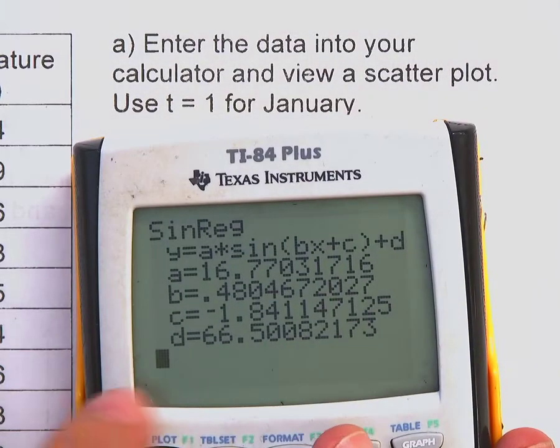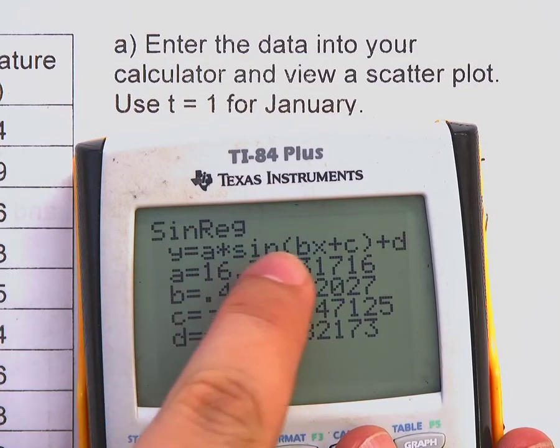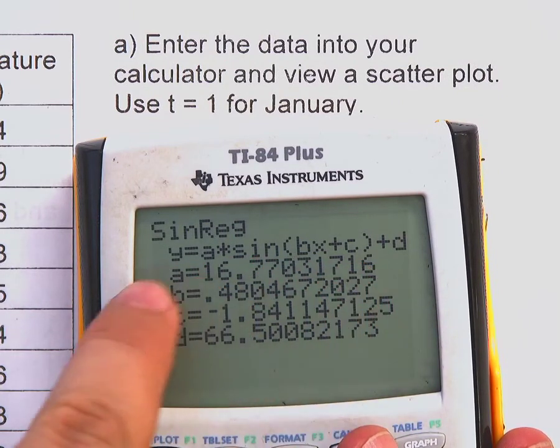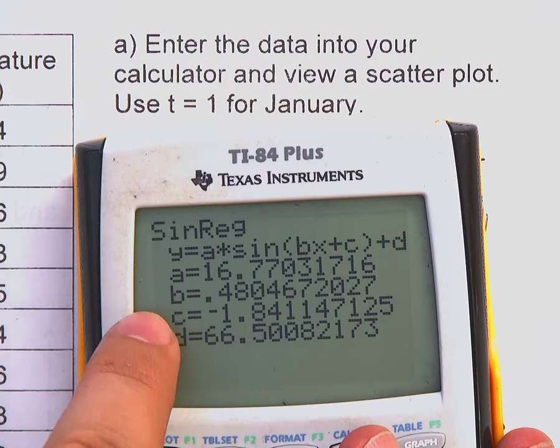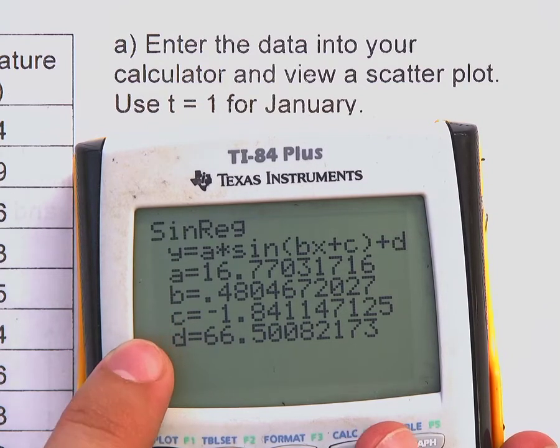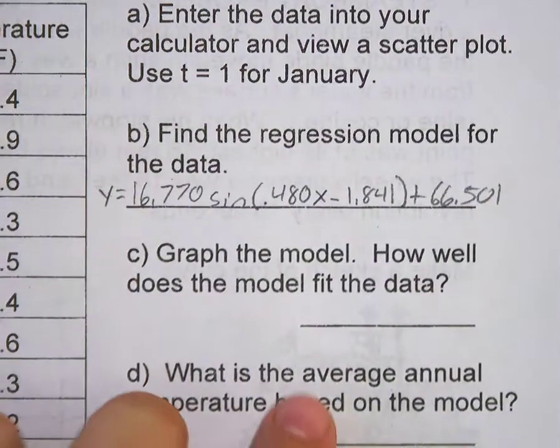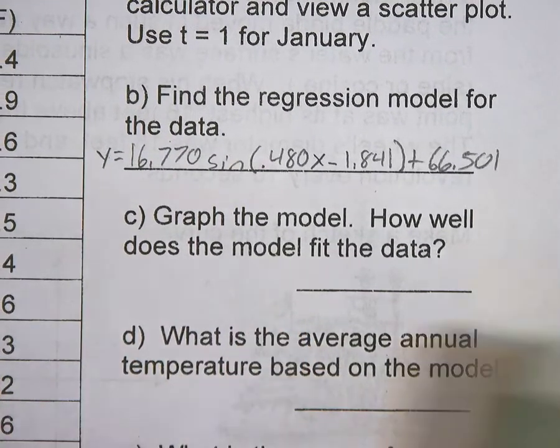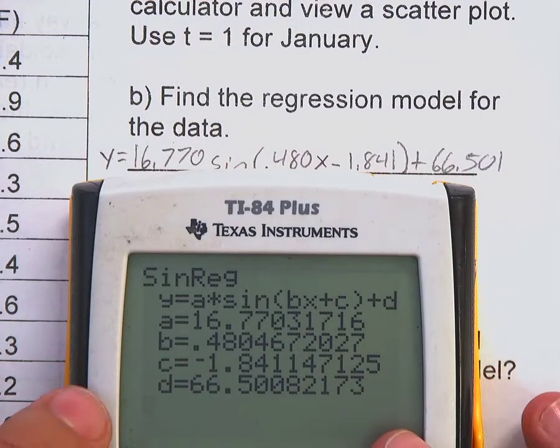That came from here with this regression done up in here. Put A where A is at, B where B is at, C where C is at, and D where D goes. Okay, it's pretty basic. Write your equation. And then we're going to take this guy and we're going to graph that.